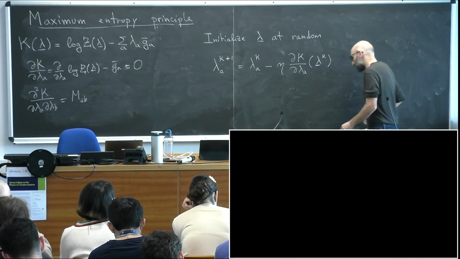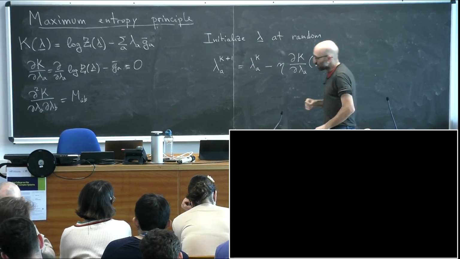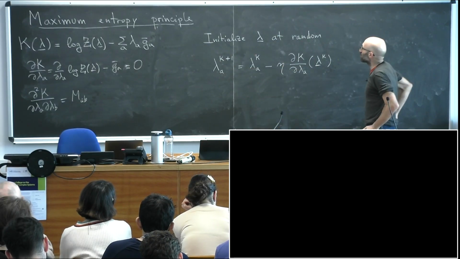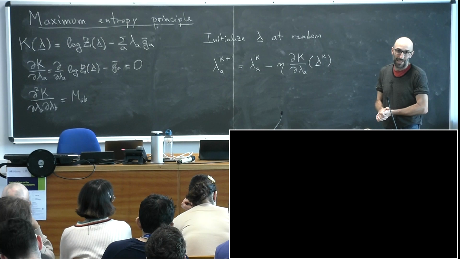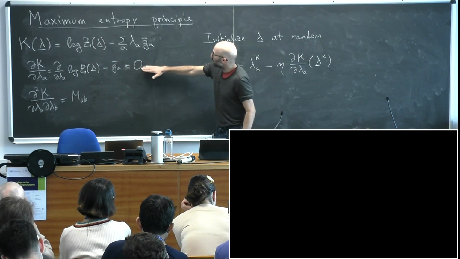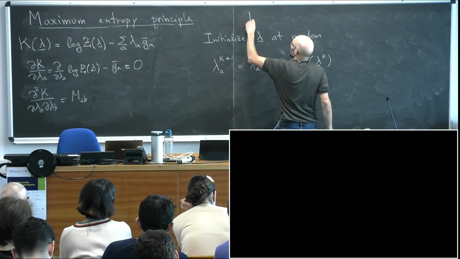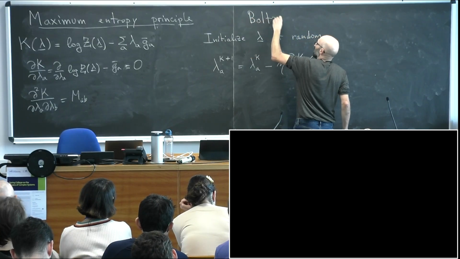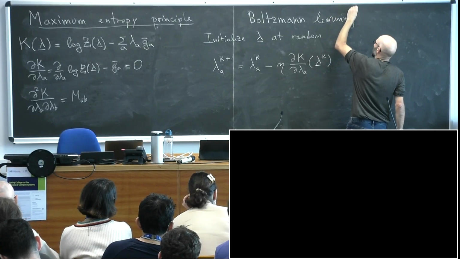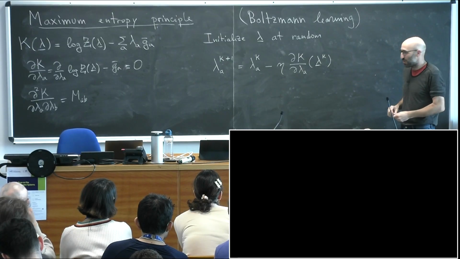So the good thing about maximum entropy, and this is true in general, is that you have the guarantee that you can find the multipliers, even if the problem looks a bit complicated, because you have to solve this set of coupled nonlinear equations. You can always do it by this procedure, and this is called Boltzmann learning: the procedure of doing gradient descent on this function kappa.